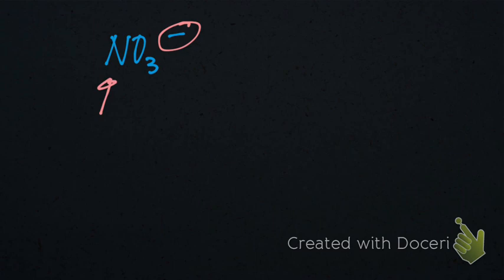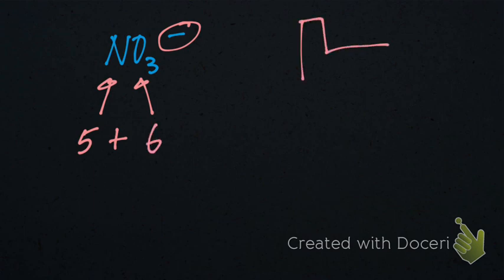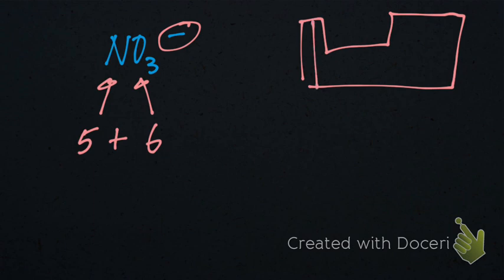Nitrogen has 5. Oxygen has 6. Again, if you're looking at the periodic table, and I'm just doing this to make sure people are following, this is what I mean. This whole column has 1, this whole column has 2, and then you're just counting 3, 4, 5, 6, 7, 8, and this is the noble gases.